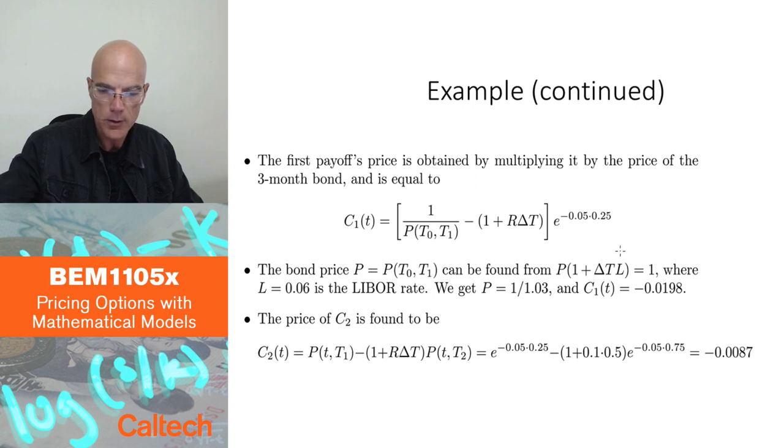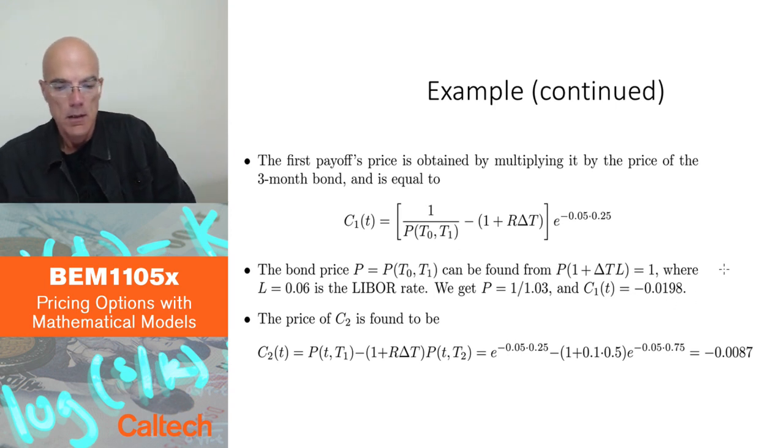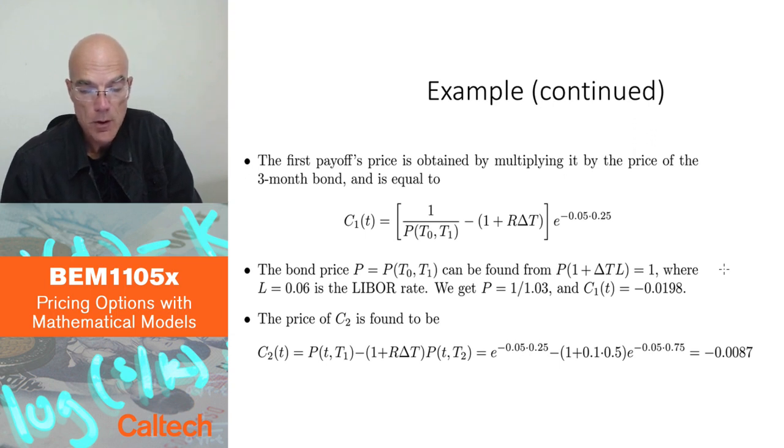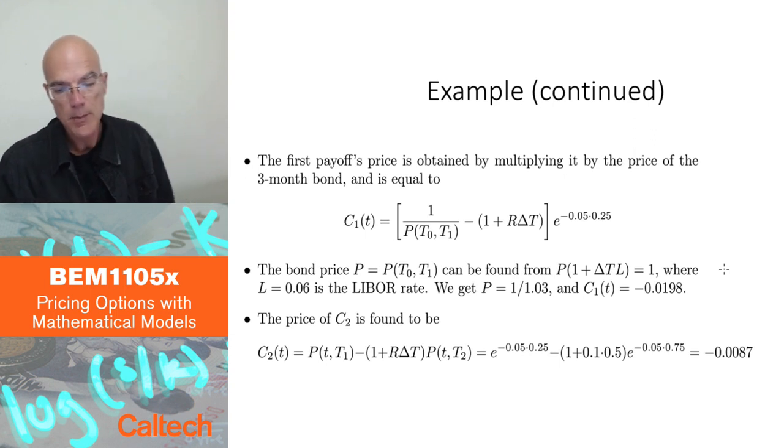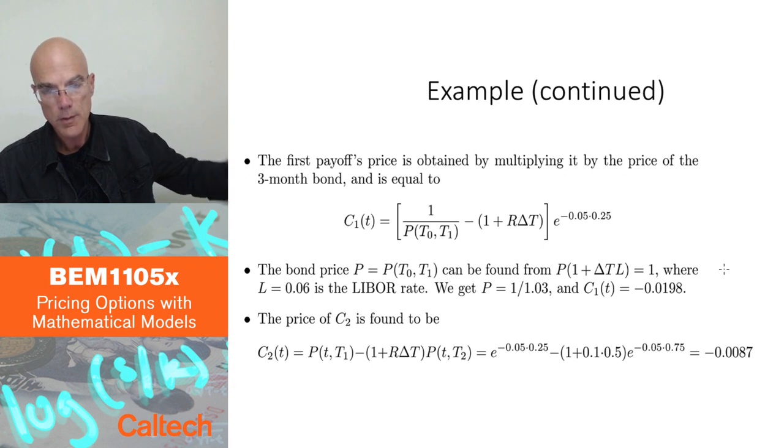Since I know delta t and I know the LIBOR rate, which was given in the problem as 6%, then I can get that p is 1 over 1.03, and I can plug it in here and compute C1, and I get a negative number, minus 0.0198. So that was pricing the payment which will be paid 3 months from now in the swap.